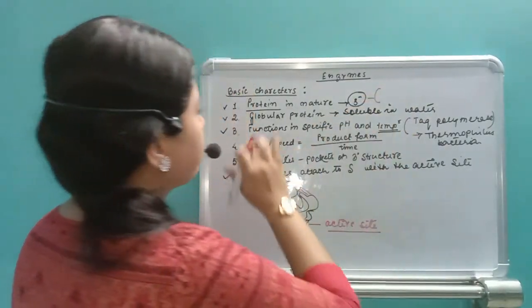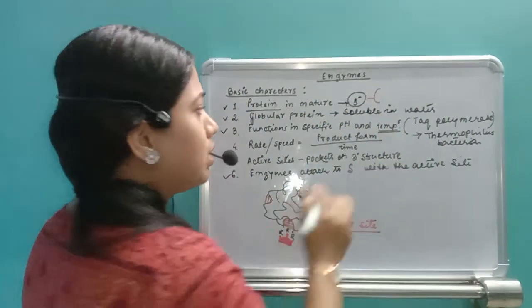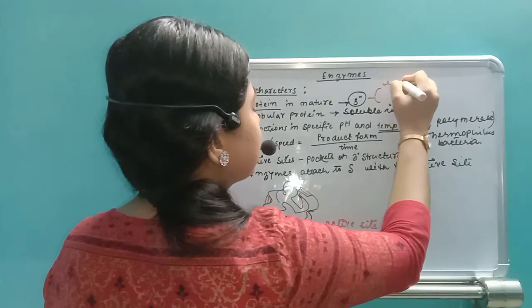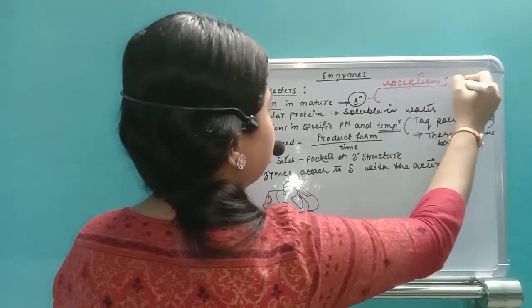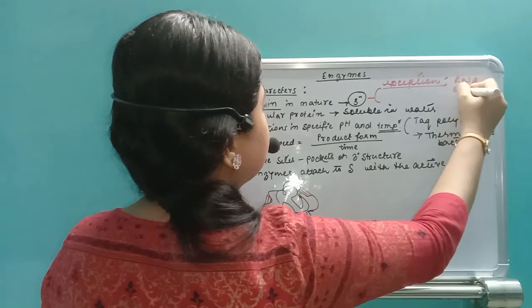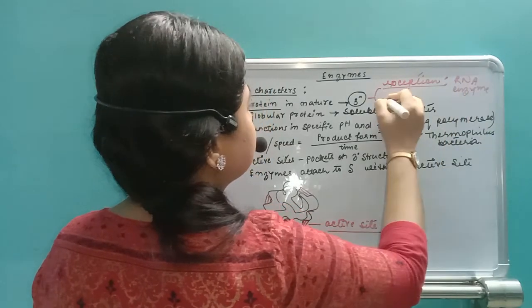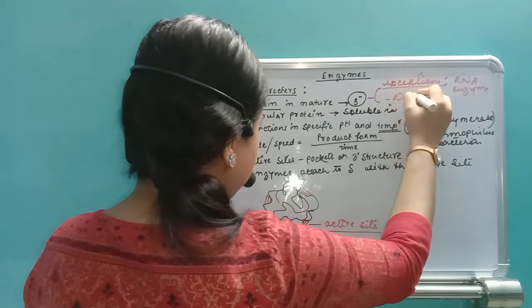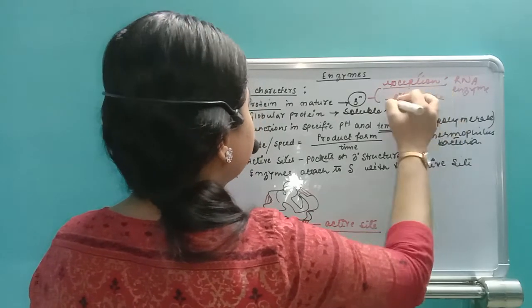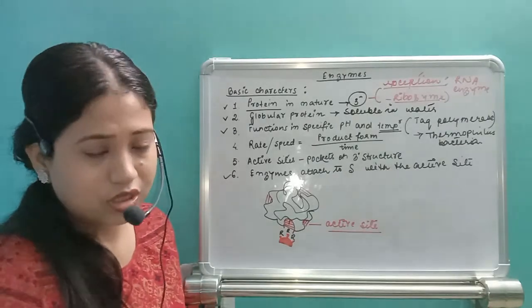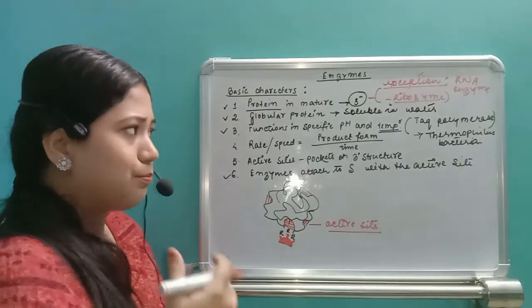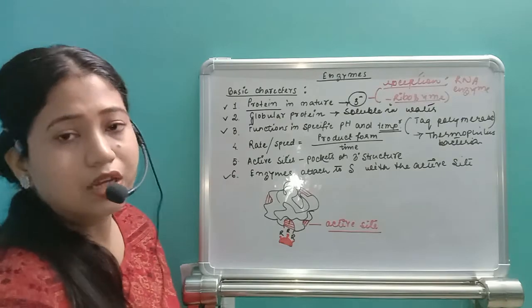So what is that exception? Some RNA enzymes, and one example is ribozyme. This ribozyme is not made up of protein. It is not chemically a protein.